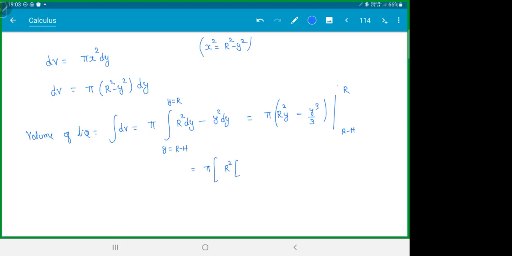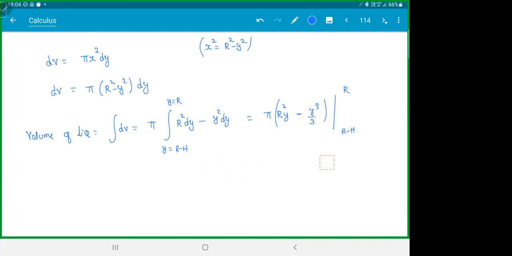So how you put the limits? Put r minus h and then subtract them. R minus h minus r cube minus r minus h whole cube by 3. Please check what I did. I kept the upper limit, I kept the lower limit, and I subtracted them.